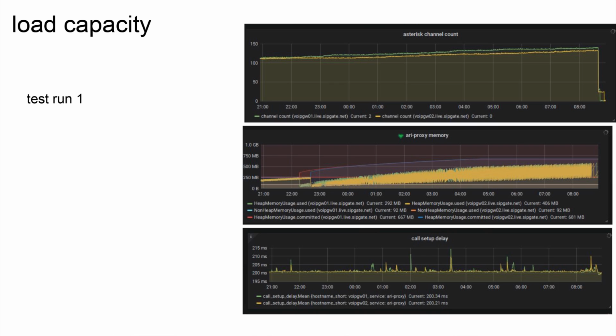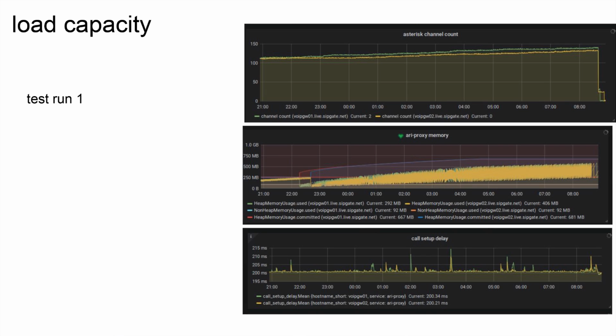In our Grafana, we see this. I hope you can read that as well. The upper graph is the channel count, so we were more or less stable with about 110 to 120 calls. We were leaking some calls. These were these 30 calls, the 0.0141% failure we had, and we just collected those calls so they added up over time to the overall channel count.